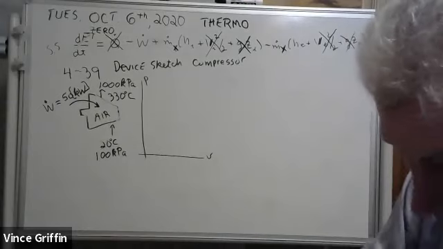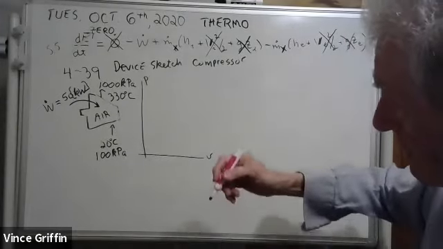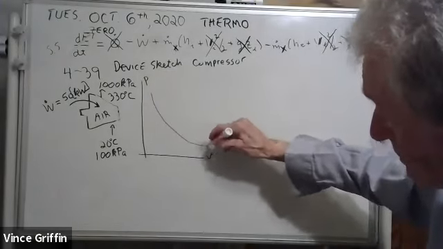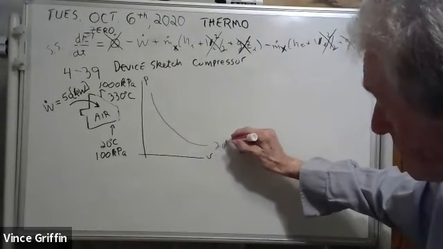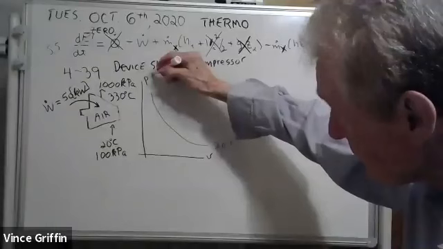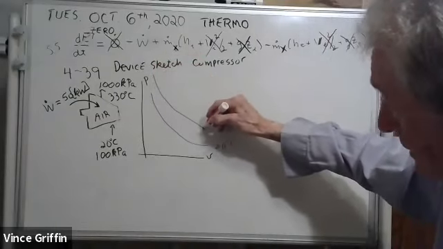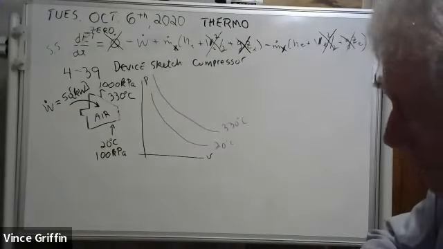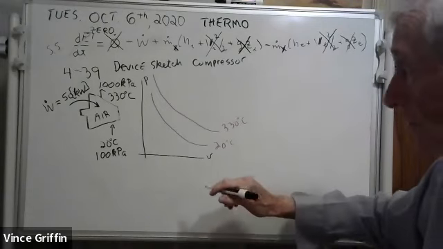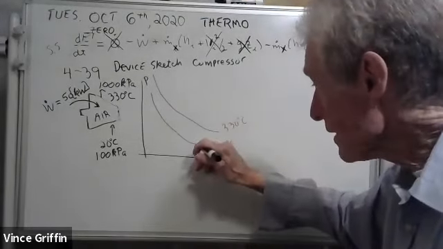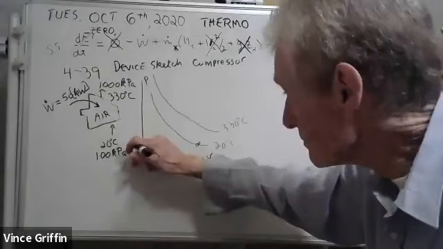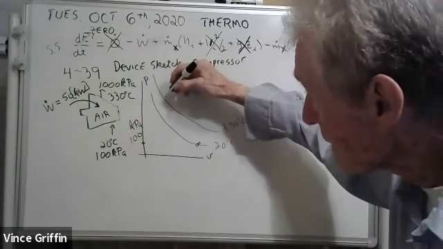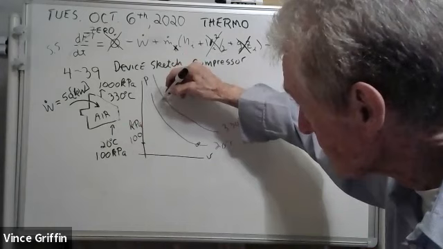I'm going to draw the isotherms now. We've got a 20-degree isotherm that goes kind of like that. And we have a 330 isotherm that kind of goes like that. And we're going from lower pressure, 100 kilopascals down here, to way up here at 1,000 kilopascals.